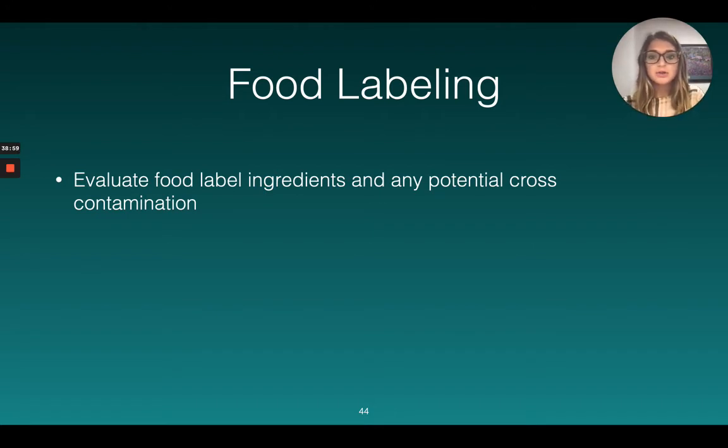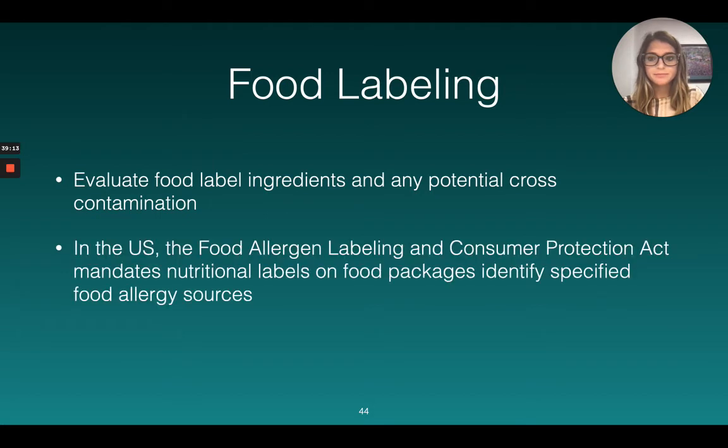And then making sure that, when that person is getting their food, the ingredients are looked over very well to make sure that there is no potential cross-contamination or food item that may cause a reaction. So in the U.S., the Food Allergen Label and Consumer Protection Act mandates nutritional labels on food packages and requires identifying specified food allergy sources.